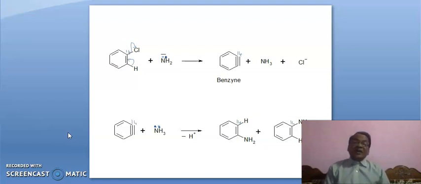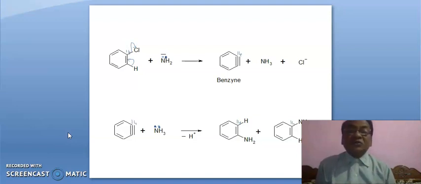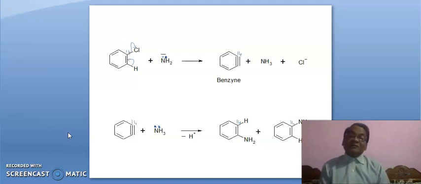Second, the SN2 mechanism is followed by activated substrate, means in chlorobenzene, the nitro group should be either at ortho or at para. And third and last, the benzyne mechanism is followed by the simpler substrate, not activated substrate, but the base should be a stronger base, that is sodamide and liquid ammonia.